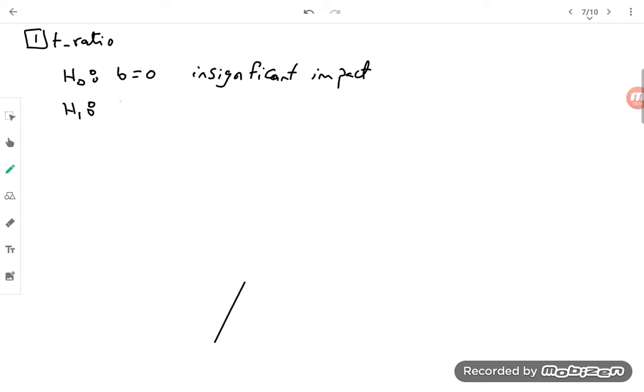The alternative: B not equal 0, which means it has a significant impact. So we are going to do the same for A and B. And if there are any more variables, we have to conduct the hypothesis testing for each one of them.